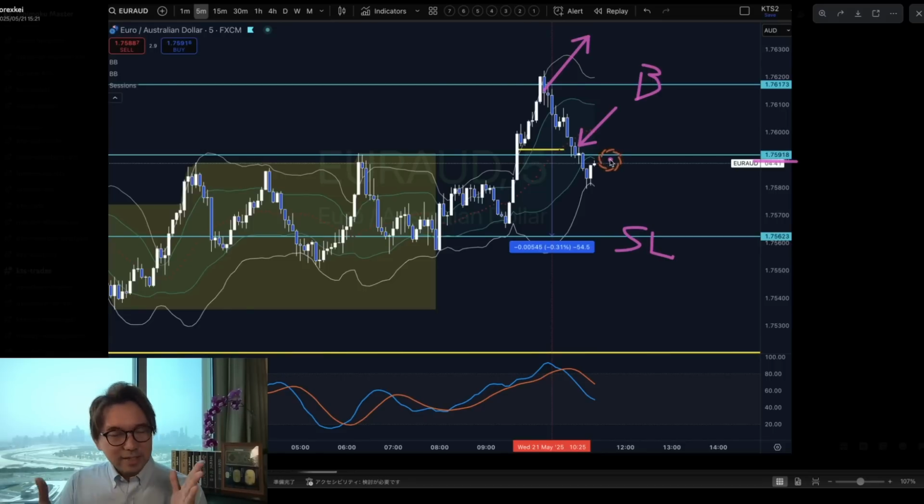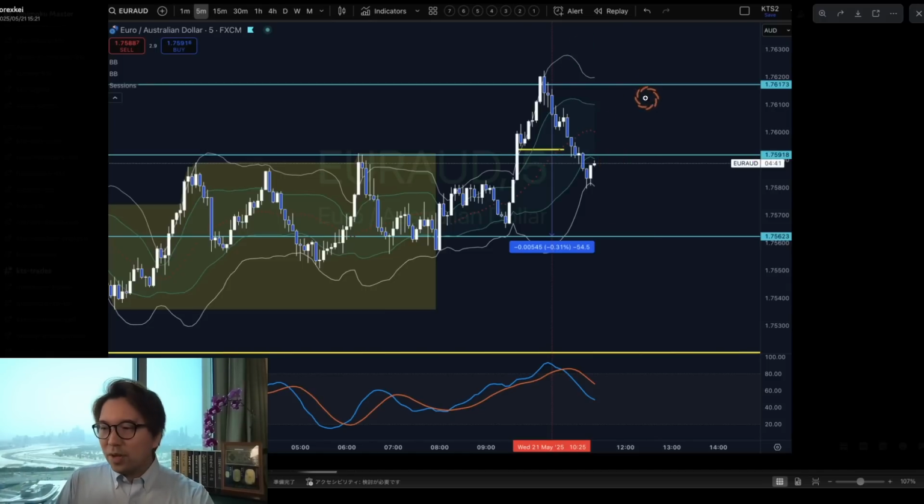So I have these entry confirmations, entry reasons to trade, and at the same time I have reasons to exit the market if the market goes against me. So maybe when you watch the market live, when you see the price going down this way, then you may want to exit immediately here, which I used to do before.